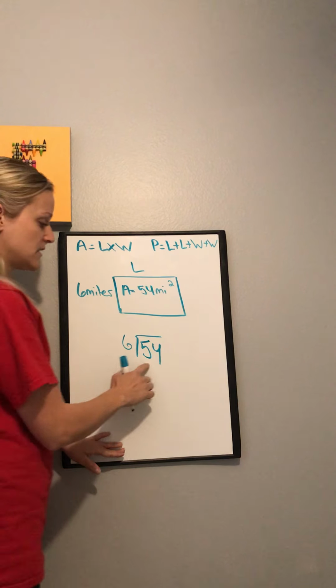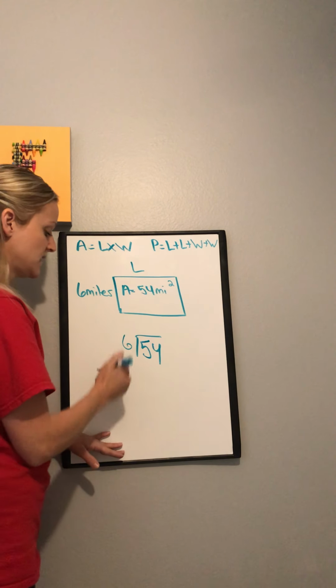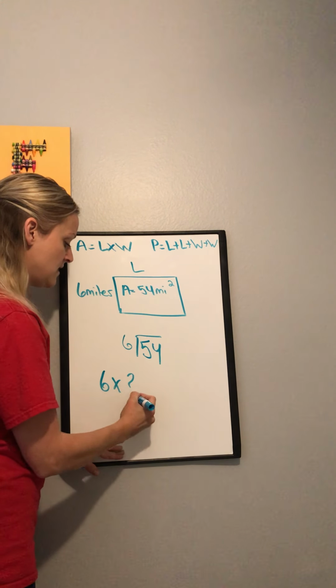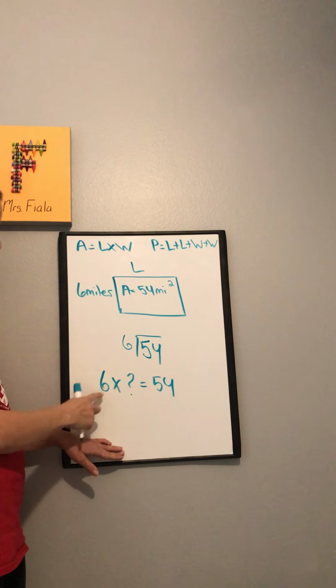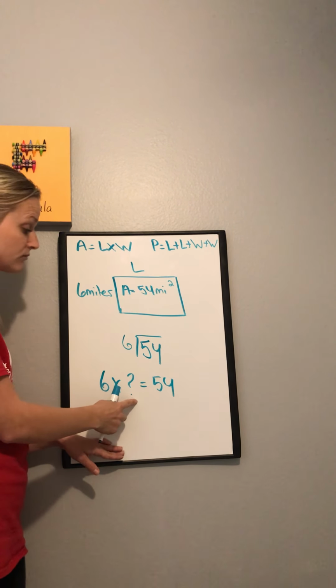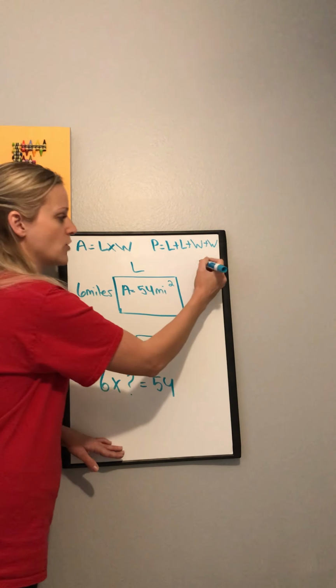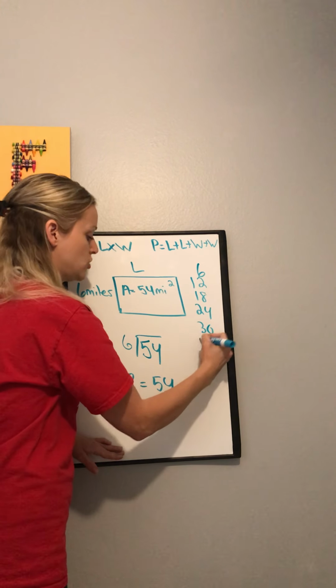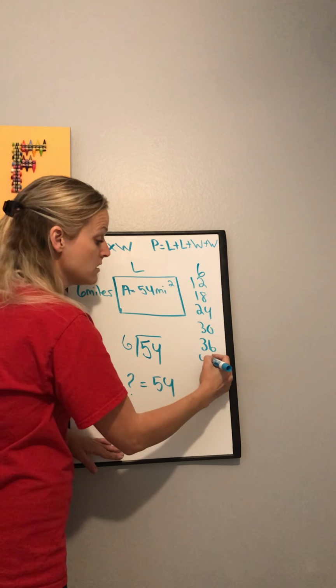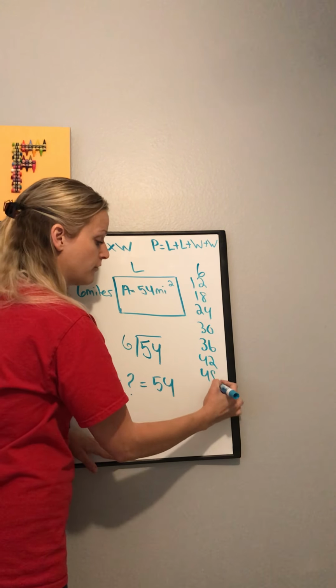Okay, how many times can 6 go into 54? Or what times 6 equals 54? Because remember, area is length times the width. If you don't know, you can skip count by 6 until you get to 54, if that is helpful for you.